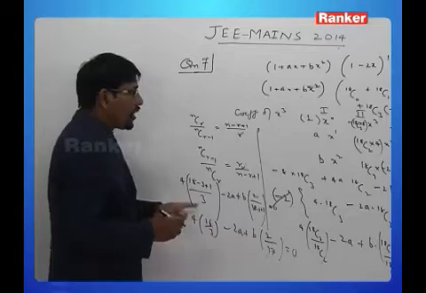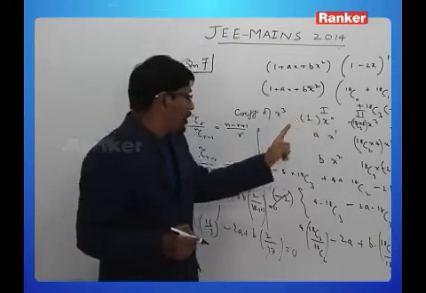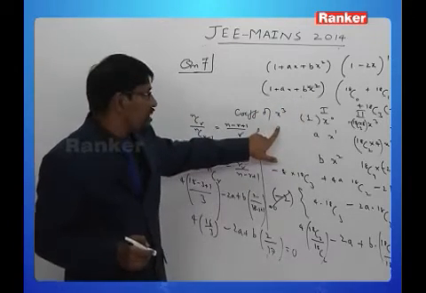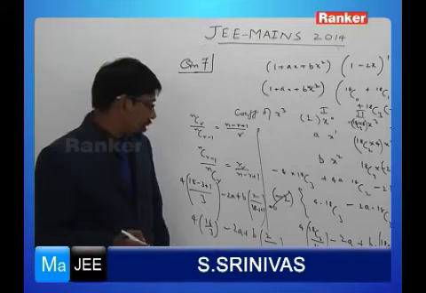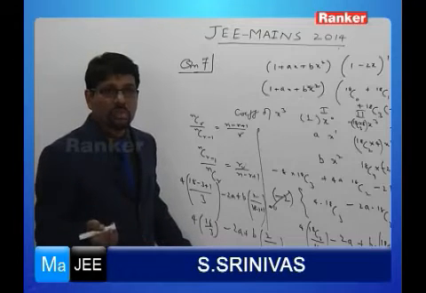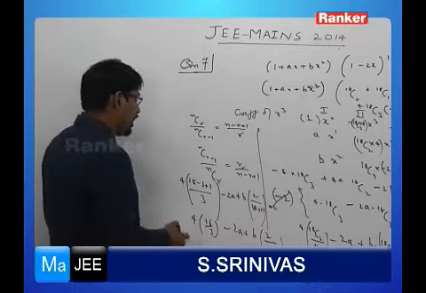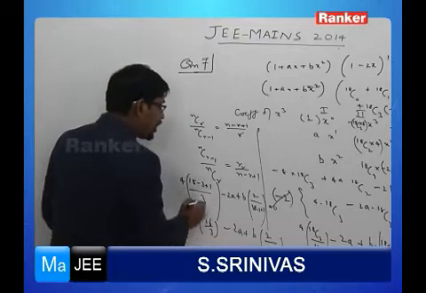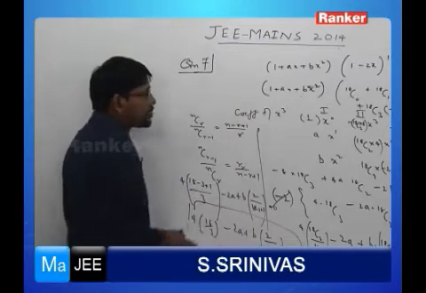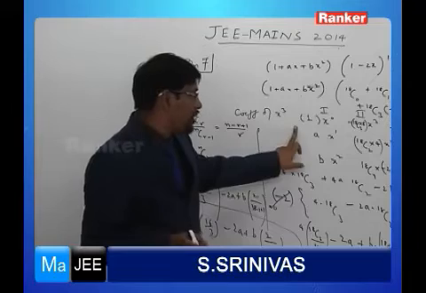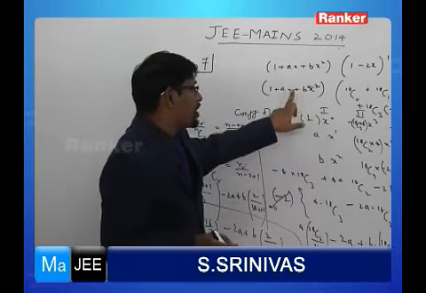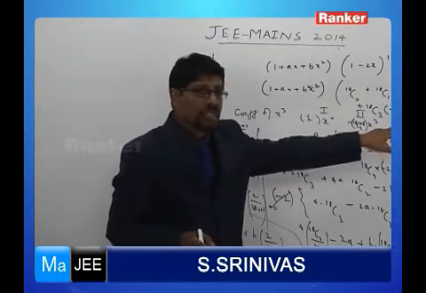So we can frame one more equation by equating the coefficient of x power 4 to 0. We'll have two equations, two unknowns, and a simple calculation will give us a. So this is one equation. Equating the coefficient of x power 4, we can collect it the same way: x power 0 from the first expansion, x power 4 term from the second expansion.